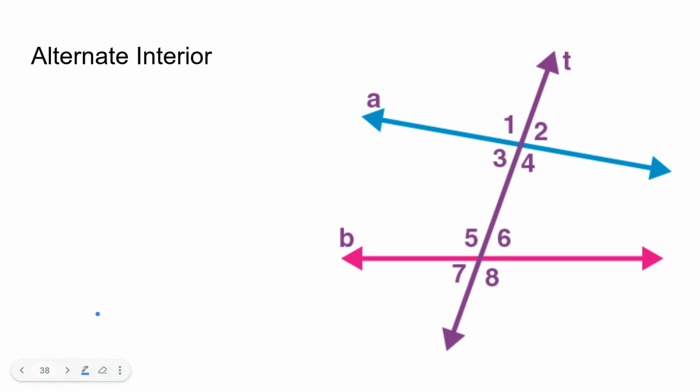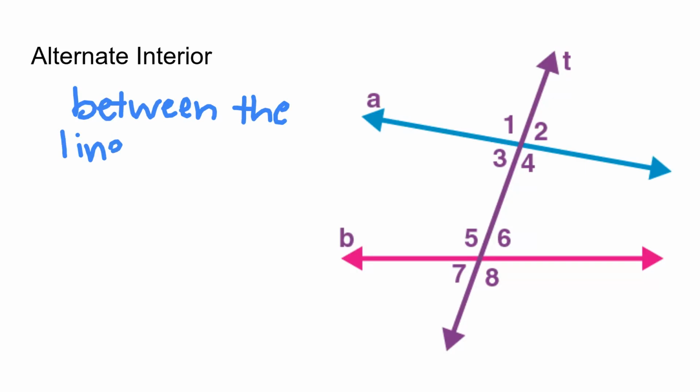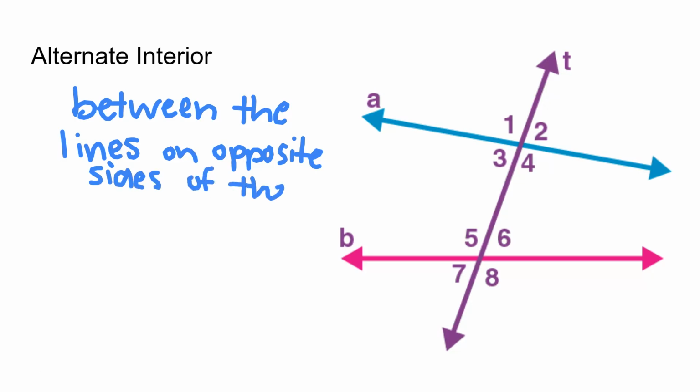The next type is alternate interior angles. Alternate interior angles are between the lines on opposite sides of the transversal.